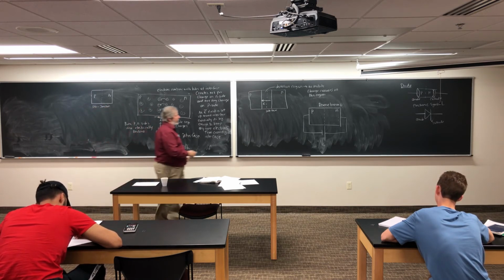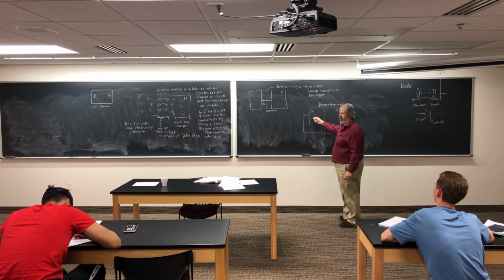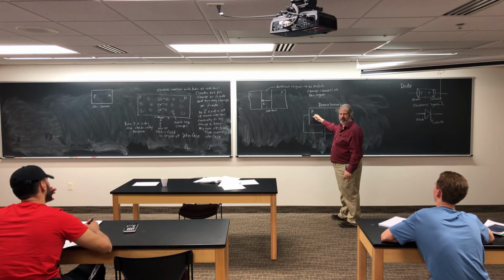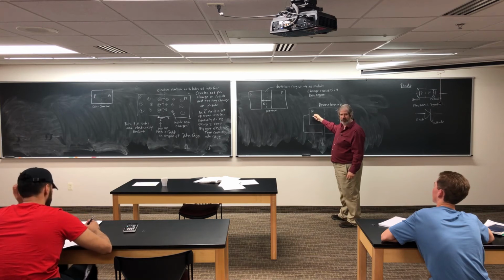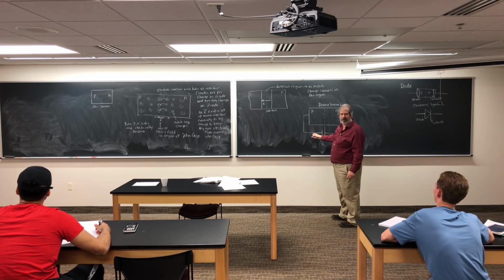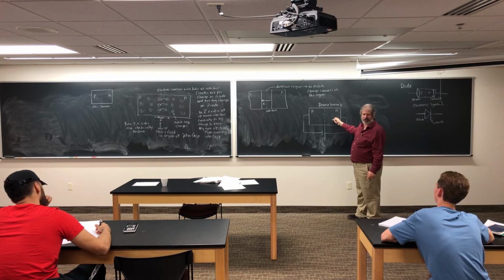What's going to happen if I hook up a battery like this? These are positive mobile charges on this side. I still have my depletion region, but over here I have positive mobile charges. They like to move. They're attracted to the negative side over here, right, with the battery. What happens to the negative mobile charges over here? They're attracted to the positive side over there.